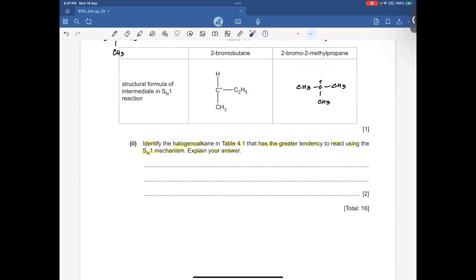And why is it more stable? Because 3 alkyl groups are attached to the carbon atom. That means these 3 methyl groups have a positive inductive effect. So because of the positive inductive effect, this charge is going to be neutralized more as compared to this charge.